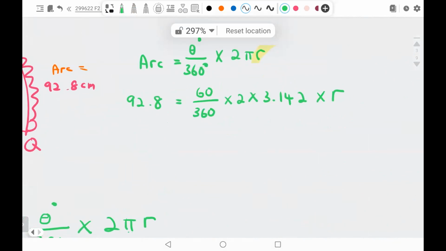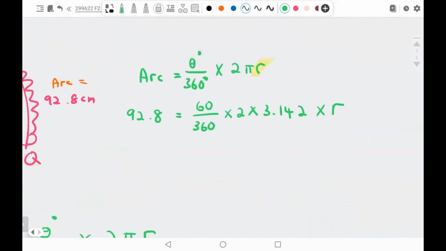So next step. What do we do? We calculate whichever part we can key into the calculator. So 92.8, then you key in this part on the calculator until there. Find out the answer first.